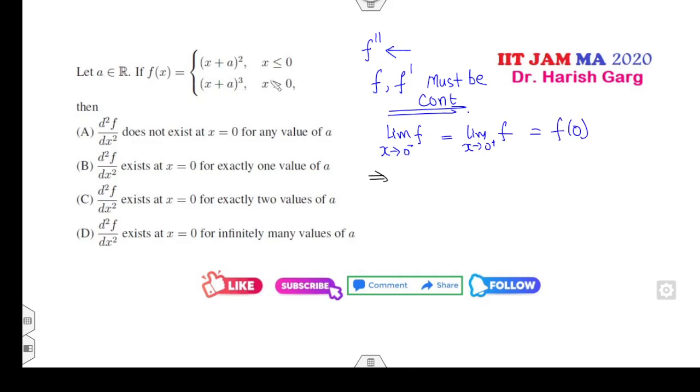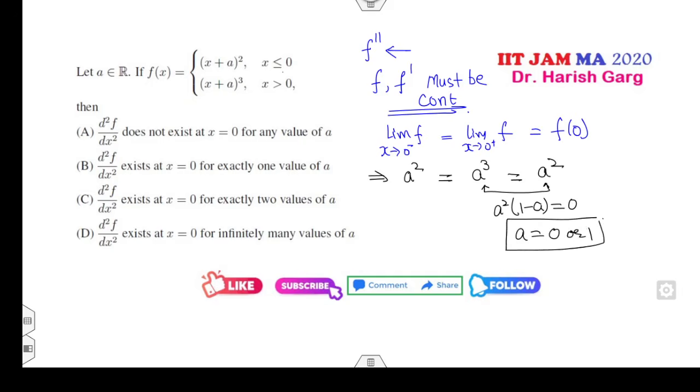So what is that at 0 negative? A square, a cube, and at 0 it will again be a square. If you solve them, you will get a square is common, 1 minus a. A will be either 0 or 1. Fine, one thing is clear from here, a will be either 0 or 1.